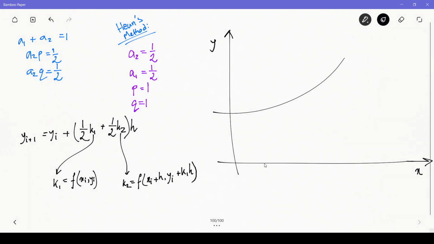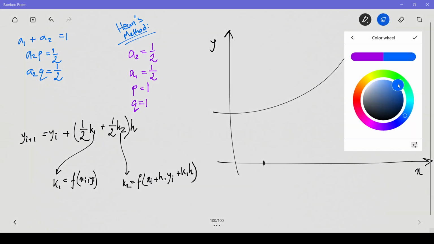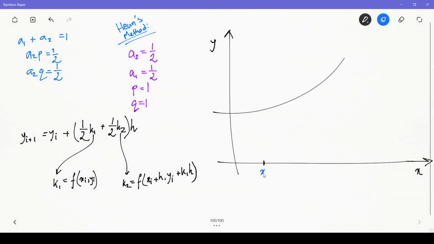So for a particular x sub i, this is the value of x after the ith iteration. If we project it upwards, at this point we find the value of y sub i. So when the value of the independent variable is x sub i, this is the value of the dependent variable, right?